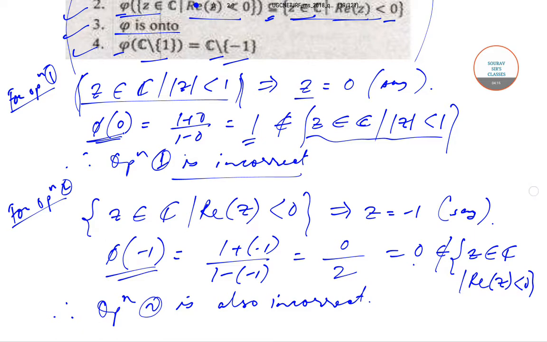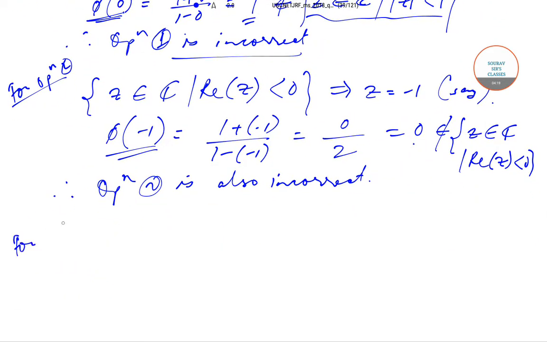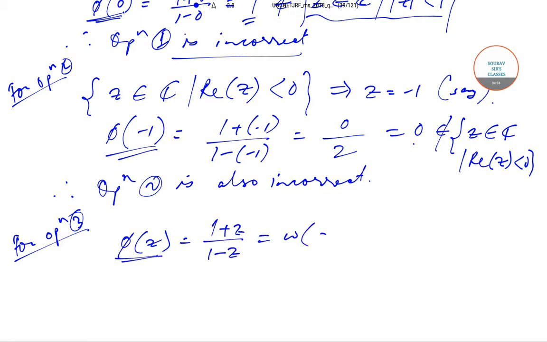Now let's shift our focus to option 3. Now for option 3, we have been given that phi of z is equal to (1 plus z) upon (1 minus z). Now if we take this phi of z is equal to w, say, so that will imply that z is equal to (w minus 1) by (w plus 1).